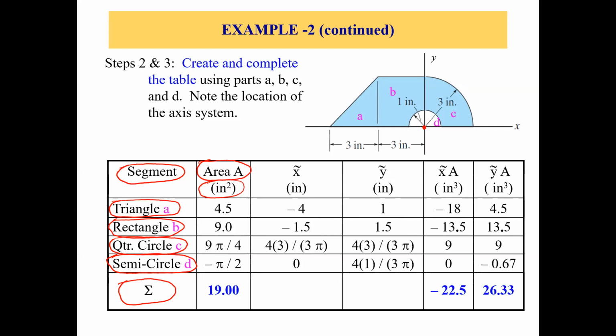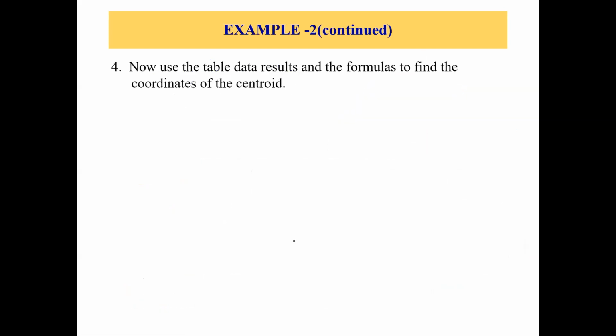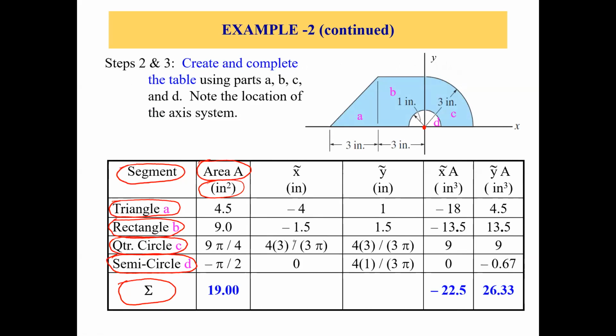So first of all, let's talk about the triangle. Okay, triangle A. So what is the area of the triangle? We know it's 1/2 times base times height. So 1/2 times 3 inches times 3 inches, which is the height, right? So it would be 4.5 inch square.